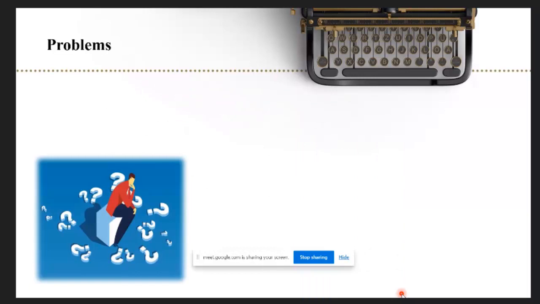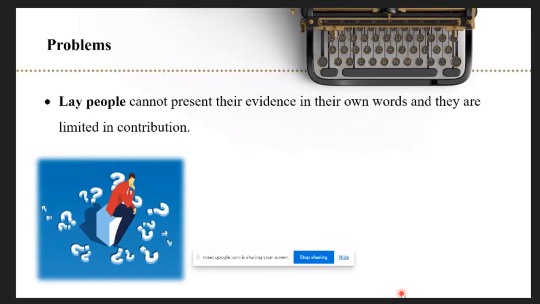So you know that the problems with communication in the courtroom, we can classify them into three groups, addressing three different types of individuals. The first one is the lay people. These are people who are not experts in law and they don't have sufficient skill and knowledge. So whenever they have to present evidence in the court, they may miss some turns in contribution, which is adverse to their stance.